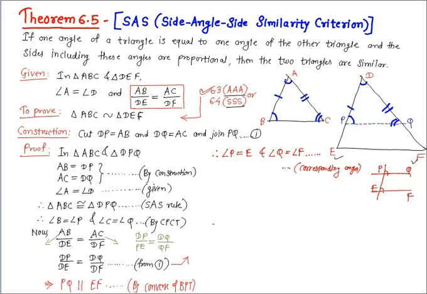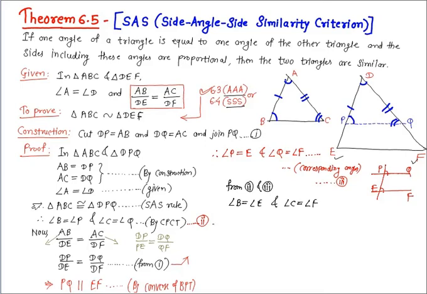Now if you take this equation as number 2 and this equation as number 3, from 2 and 3, angle B is equal to angle E and angle C is equal to angle F.